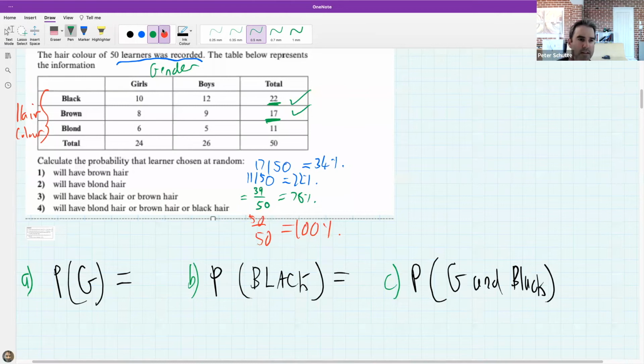So the probability that a randomly chosen person is a girl is going to be 24 out of 50, or 48%. What is the probability that a randomly chosen person has black hair?